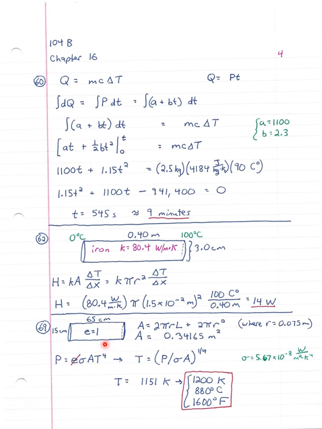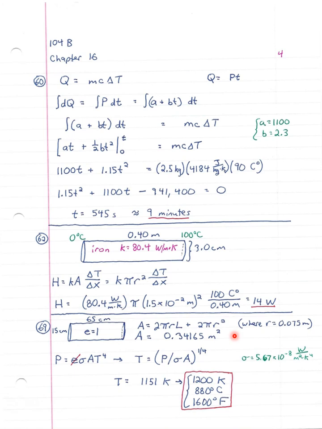We need the area of the wall around, and so that is the circumference times the length, so 2 pi RL. In the question, we are given the diameter, we're given the length, change diameter to radius, and you should get the area first. And so go through that computation, you should get an area of 0.34165 meters squared.